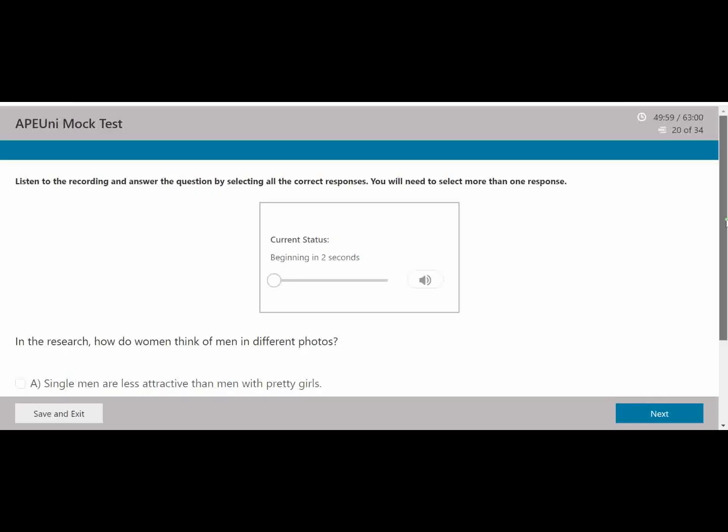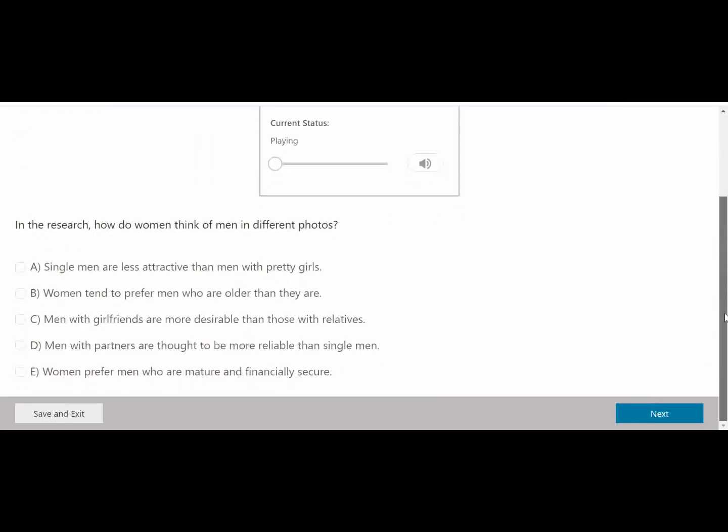So the next question is highlight correct summary. Researchers report that women find a man they see with an attractive woman more desirable than unattached men. That's according to a study in the journal Evolutionary Psychology. Researchers had two groups of female college students rate photos of men, all of whom had first been rated as being of average attractiveness. The first group of 148 women was shown pictures of those men with an attractive female. The subjects were told that the women in the photos were either a girlfriend, ex-girlfriend, cousin, or adopted sister.